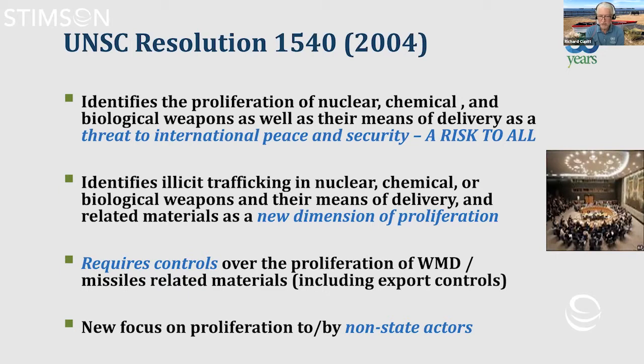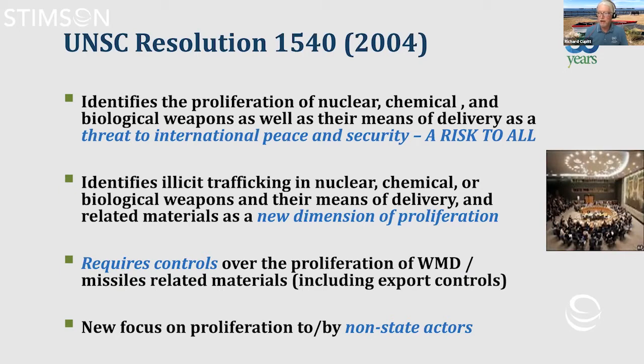It identifies illicit trafficking as a new dimension of proliferation, responding to things like the A.Q. Khan network. It requires controls over the proliferation of WMD and missiles and related material as means of delivery and related materials. Related materials are usually those things that have these dual use capabilities.